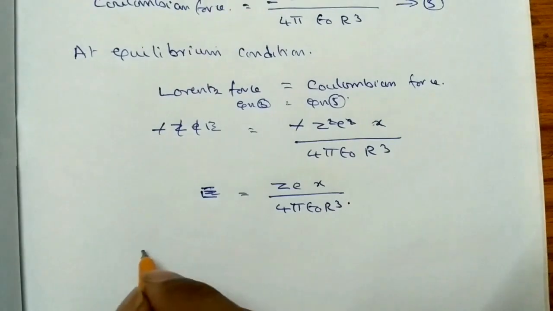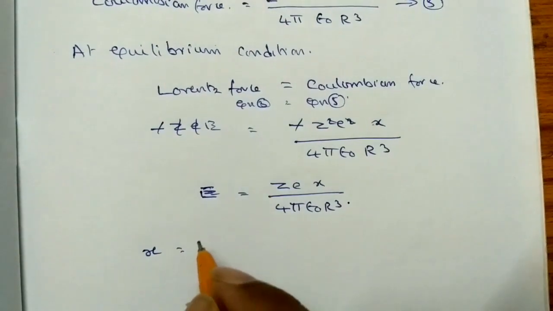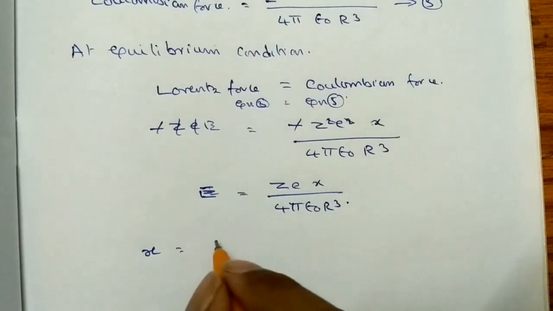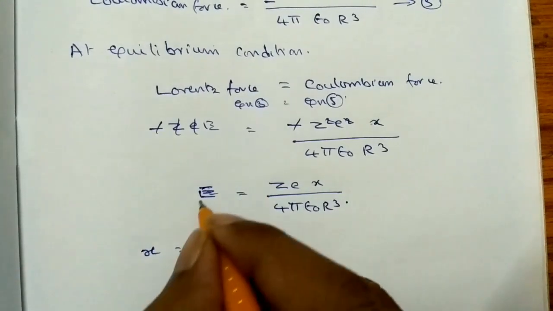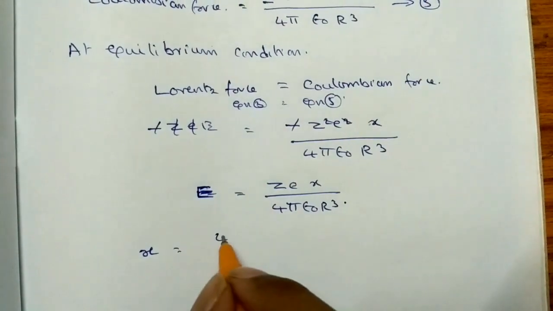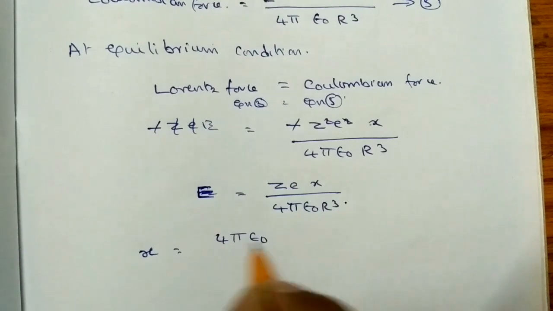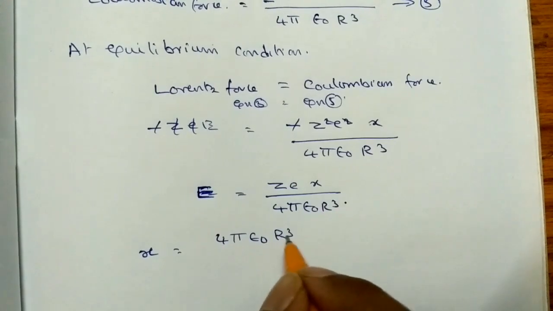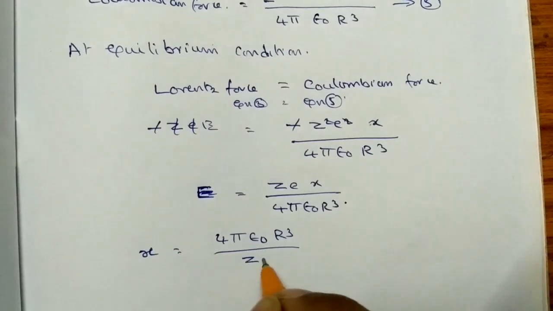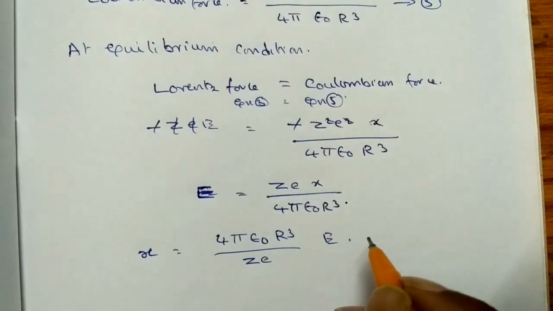Then x is equal to 4 pi epsilon naught r cube by Ze into E.